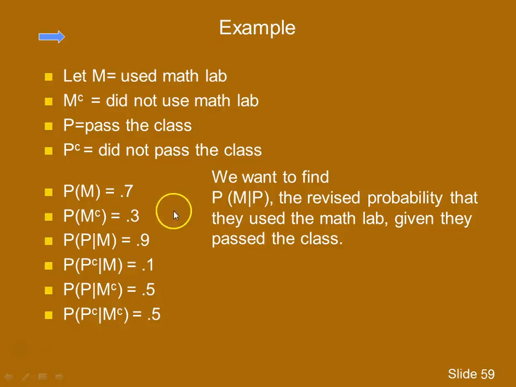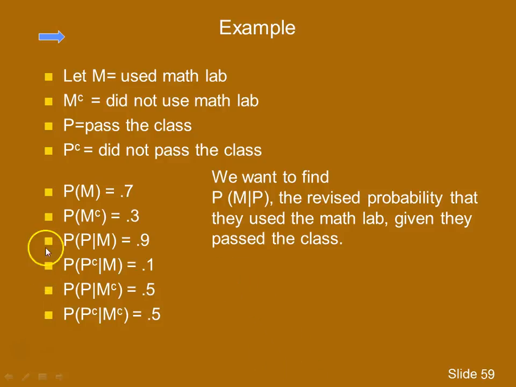By the way, if you look at what we have right here, this is a very typical setup of what will eventually become a Bayesian problem. We have two probabilities, M and M complement, which are actually going to be our prior beliefs. We have an initial prior belief that 70% of the students use the math lab and 30% don't. Those are also, as we'll see in a moment on a table, going to be marginal probabilities.